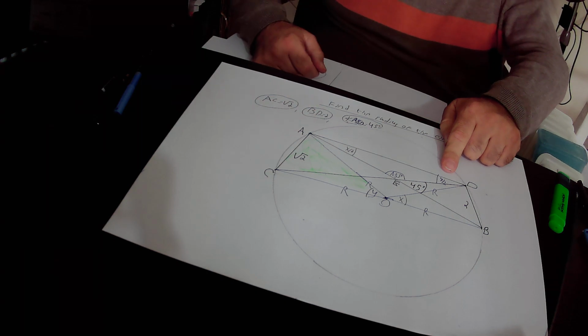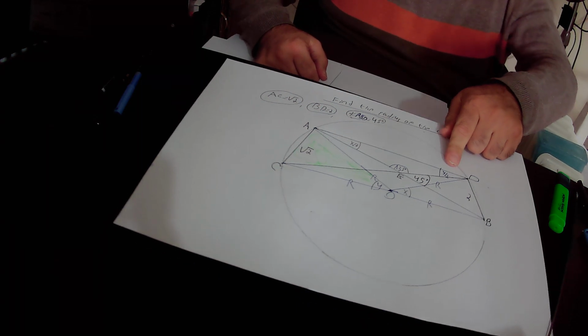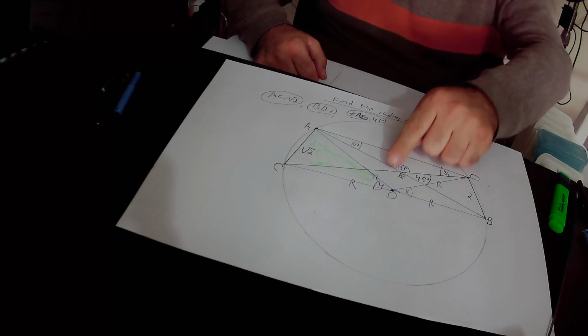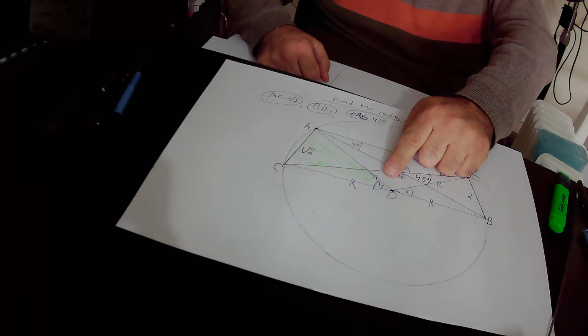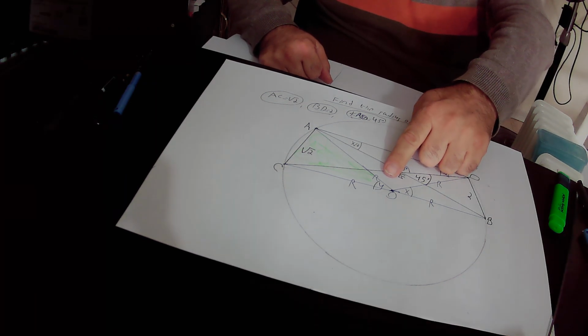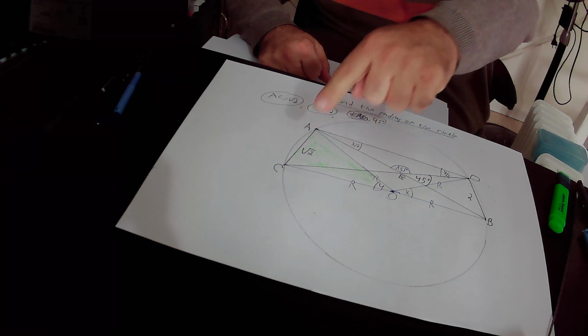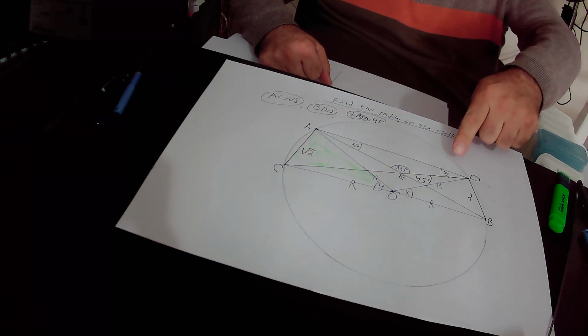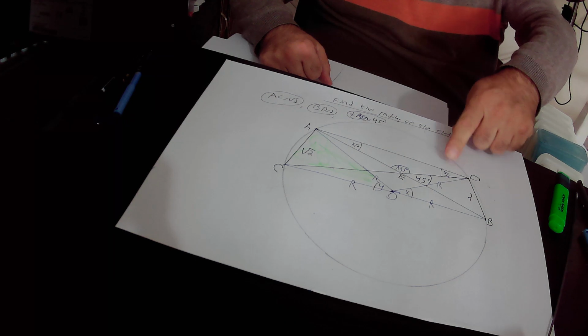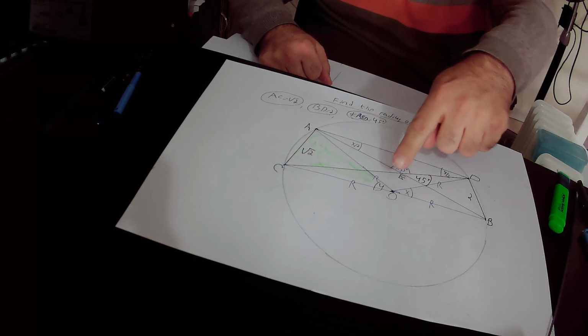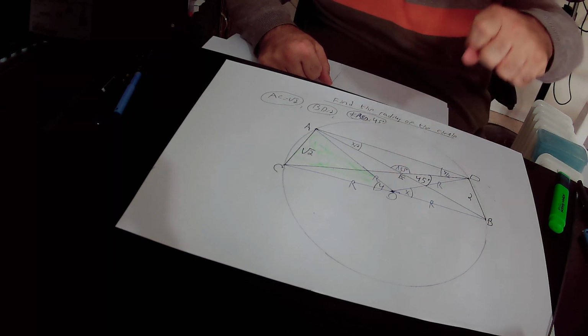Therefore, the central angle AOC that rests on the same chord AC must be equal to twice this angle, that is y over 2. Y over 2 times 2 is y. So the central angle AOC equals y.